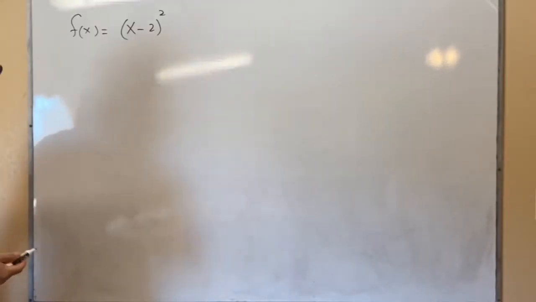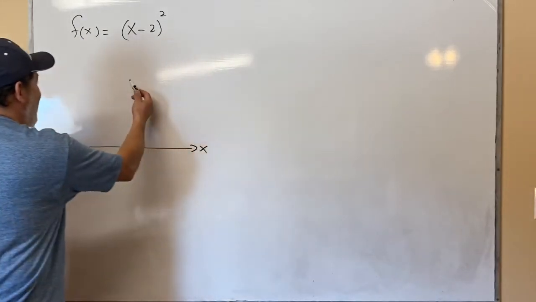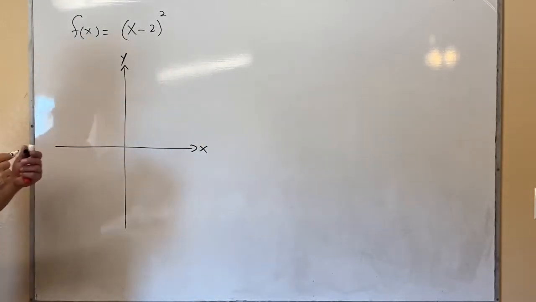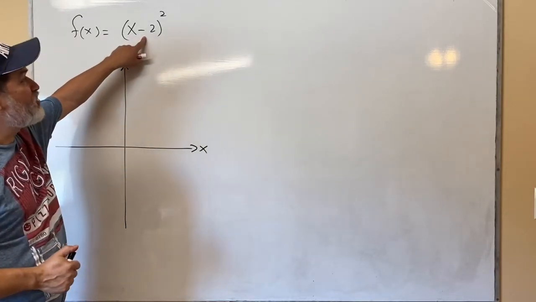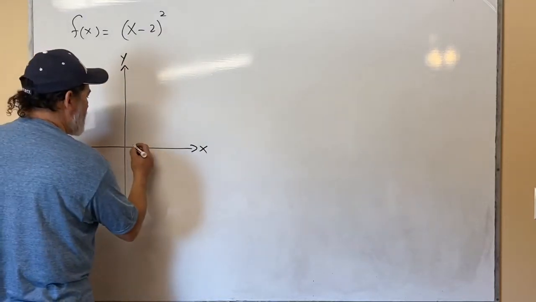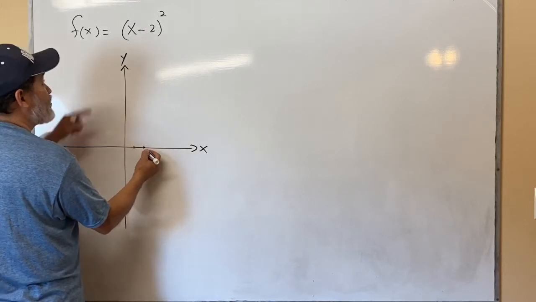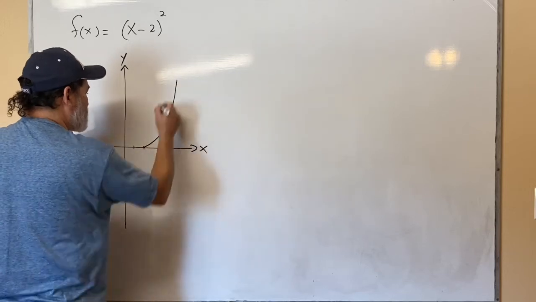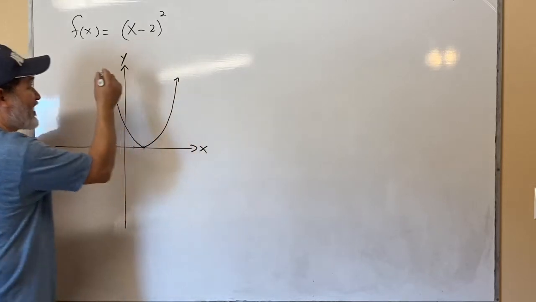You can graph it. Here's x. Here is y. This is a parabola shifted 2 units to the right. 1, 2, and that's the vertex, 2 units to the right. And then it does this. That's f of x.